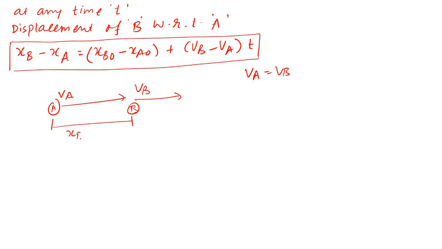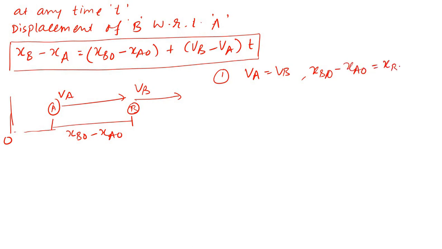This was the original distance. This is the O point. So in the first case, the distance between them is going to remain fixed, equal to XB minus XA.